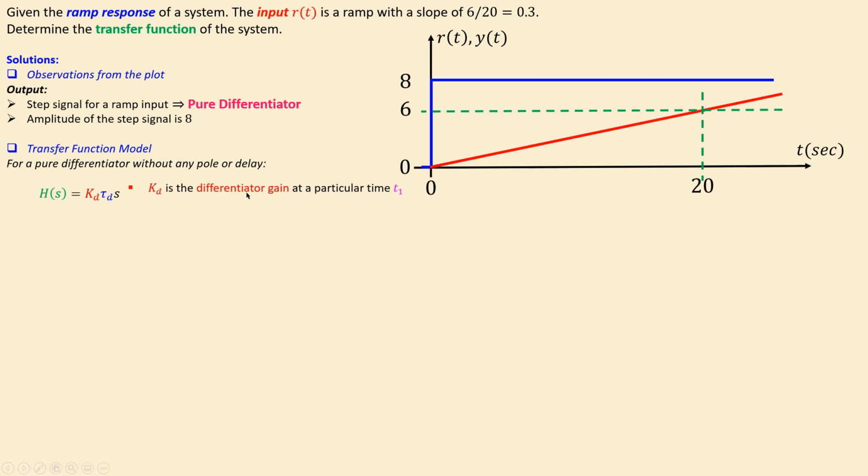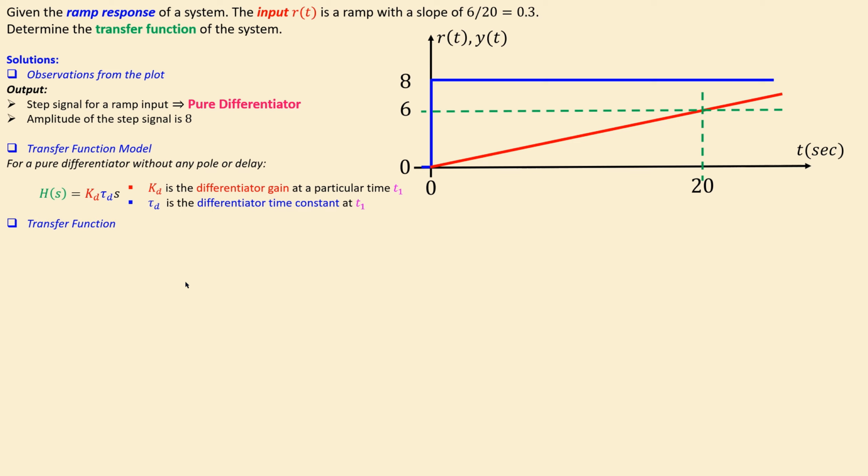So the kd is the differentiator gain, determined at some particular time t1. I already said that also in the previous example. And the tau d is the differentiator time constant, determined at a particular time exactly the same as we did for the kd. We will do that shortly, and you will see how we can determine that.